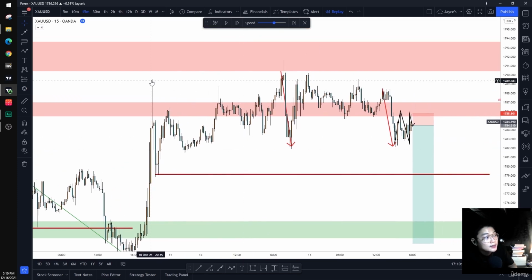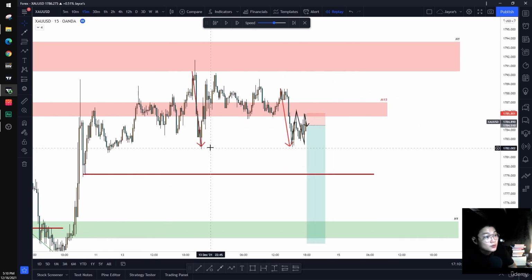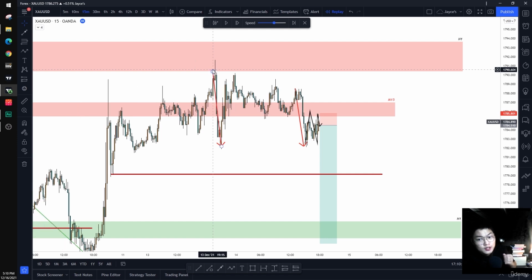Until price breaks up above this tail, it means that price just made a fail break in the 15 minutes time frame. And you see that's when price came until the strongest supply zone in the 1 hour chart. That time was just the fail break of the 15 minutes time frame, because price still did not create an up Marubozu candle closing out of the fail break of the 15 minutes time frame.